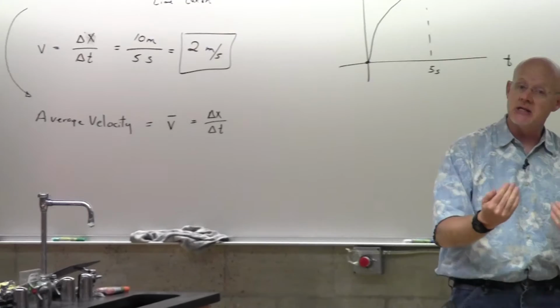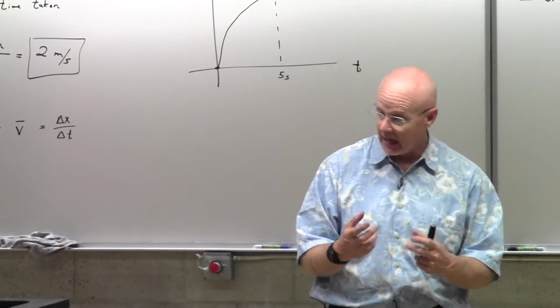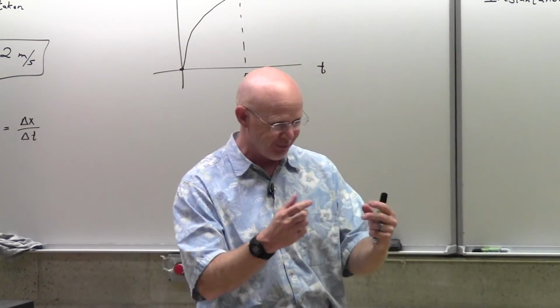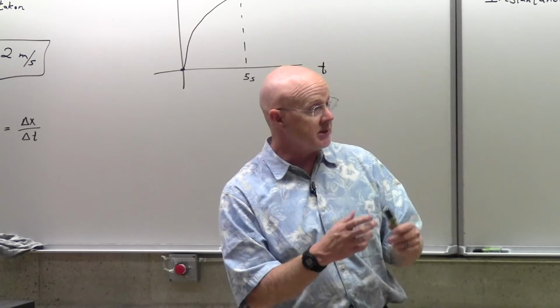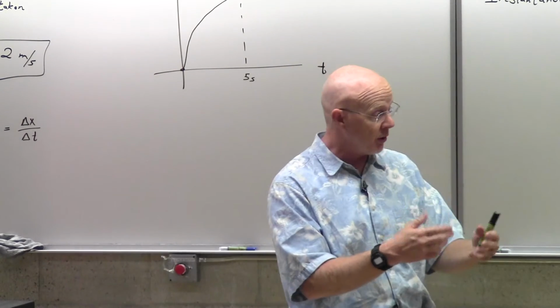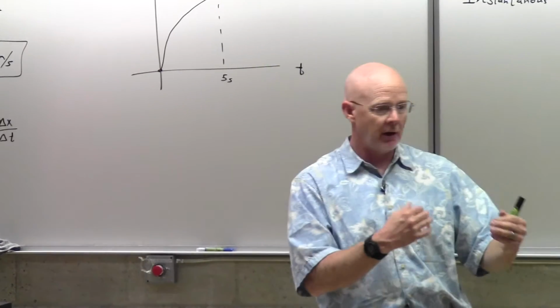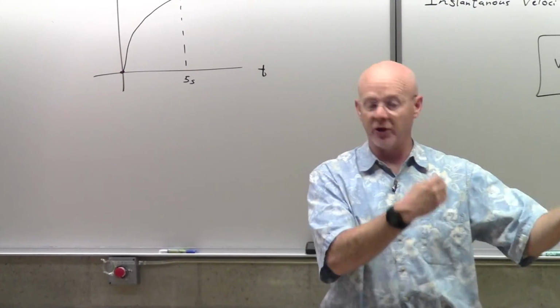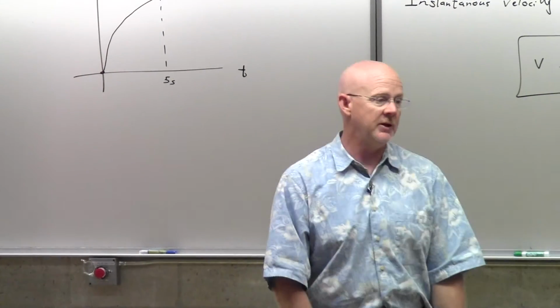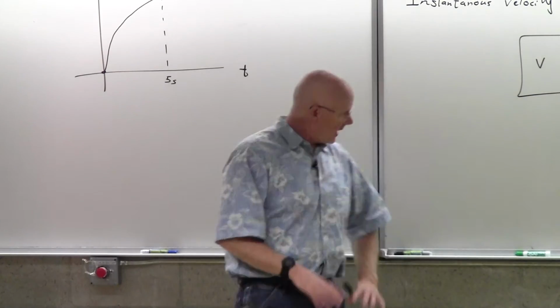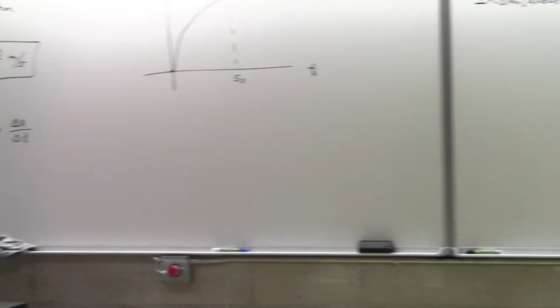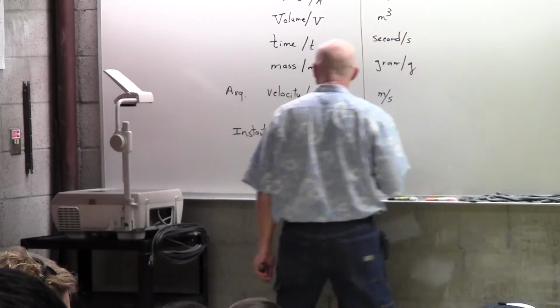So to say my instantaneous speed is 2 meters per second does not imply I will go 2 meters in 1 second. It does imply something about the rate, though, and you could answer it as, if I were to continue that rate for a whole second, I would go 2 meters. Okay? And so that one, I think the interpretation of the units, you probably have a good handle on.